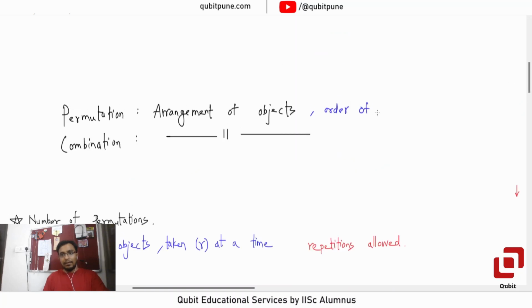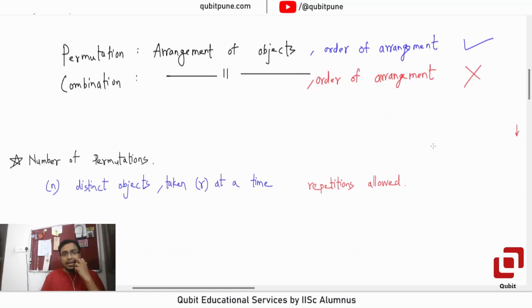Order of arrangement matters. And in combination, order of arrangement does not matter. Okay, that's the basic difference. You know this, right? The basic difference between permutations and combinations.